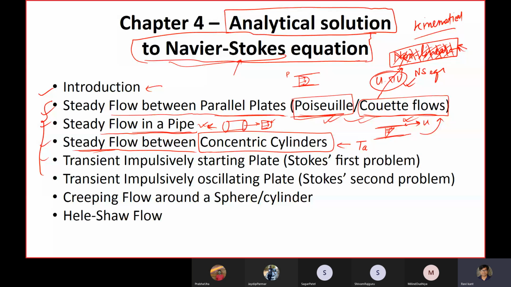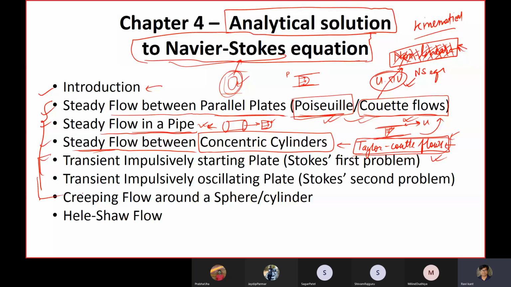The large application of Couette flows is in lubrication or journal bearings, where you have a shaft rotating around another coupling, and the lubricant or fluid between the bearing and the coupling may give rise to these sorts of flow scenarios.